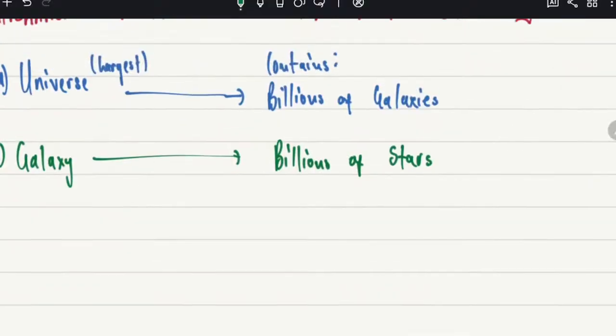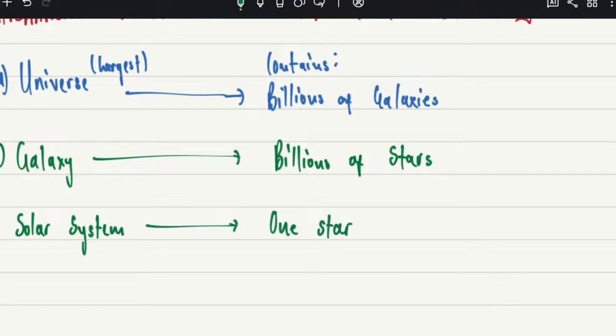Then you have the third thing, which we call the solar system. Okay? This one has one star. This, I hope, helps you to know how big this universe is. We are at a tiny part of the universe. The universe is humongous.